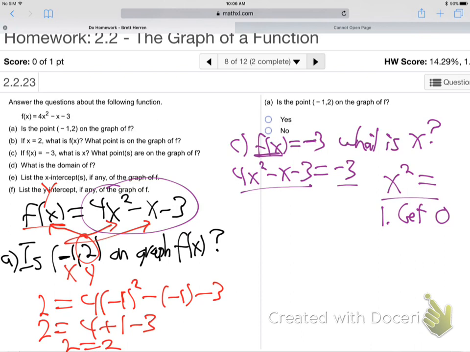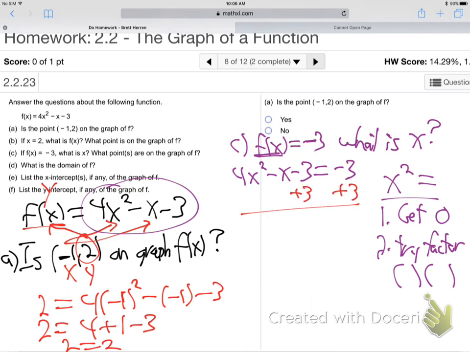I say try because they don't always factor. So I add 3 to both sides to make the right side 0. Good so far? Always do that first. Put that on your 3x5 card for the test if you need to. Be real clear on that.